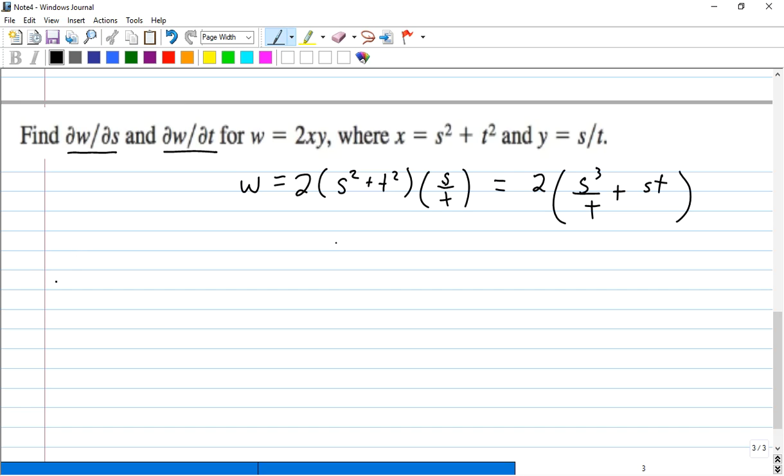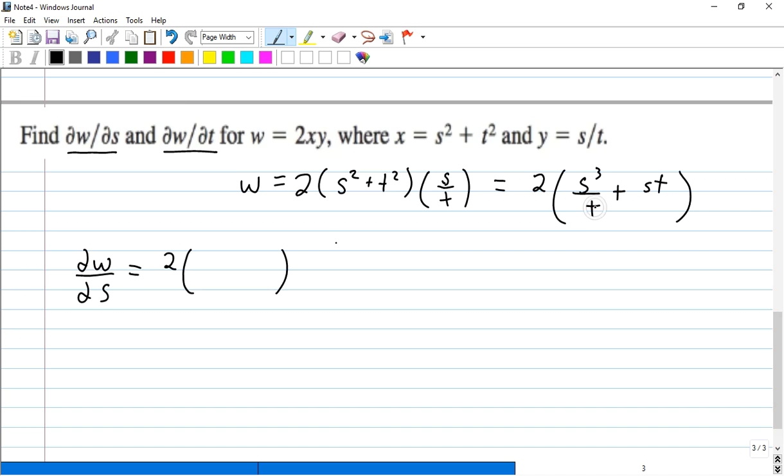So now that I've done my substitution, I can find the partial derivative with respect to s. That just means I need to take the derivative of w here with respect to s. So the 2 is in front, that's a constant. Now how do I take the derivative of s cubed over t with respect to s? The t is a constant, right?